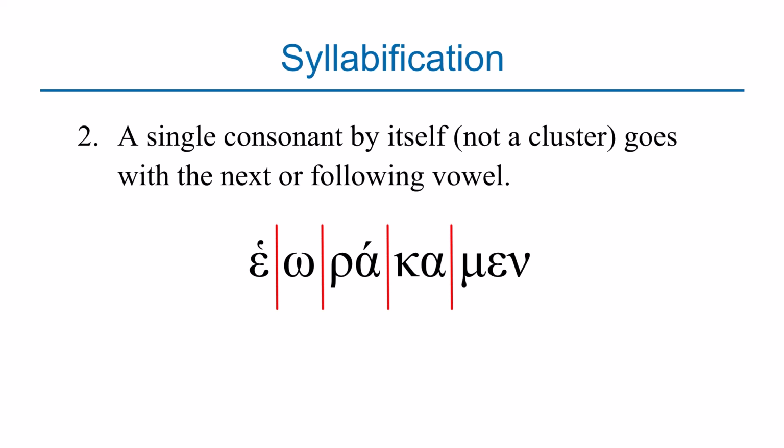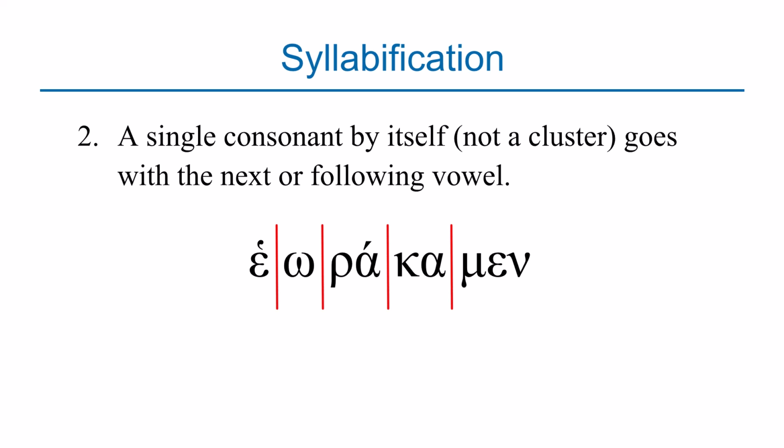So to apply rule number 2, what we mean by single consonants, in this case we have 3 single consonants. We have rho, we have kappa, and we have mu. And rule number 2 says every single consonant must follow the next vowel, must be attached to the next vowel. And in this case, we have applied it because we have rho, which is attached to the next vowel alpha, and we have kappa, which is going with alpha, and we have mu, which is going with epsilon, and we have nu, the last one, which is going again with epsilon.